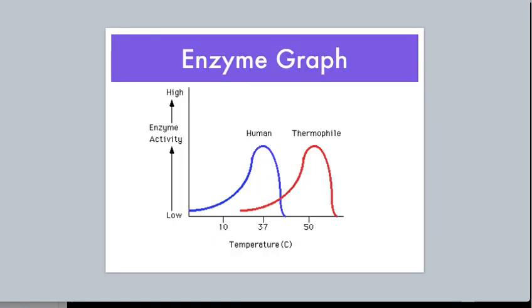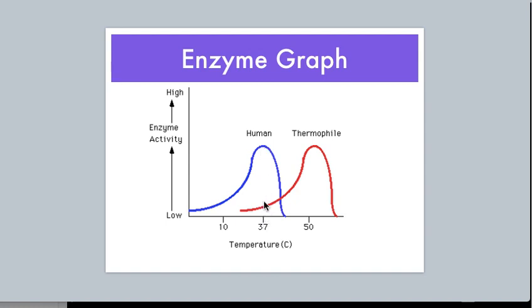Enzyme graphing. If we look, this is a human enzyme, and this is a bacterial enzyme, and this is temperature in degrees Celsius. Okay, and this human enzyme, notice the high point is the optimum or best functioning of that enzyme.